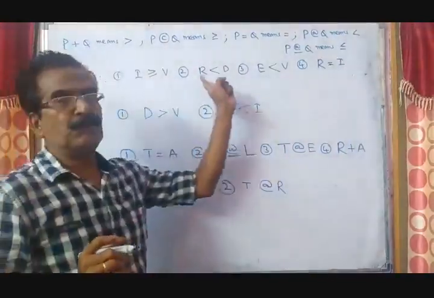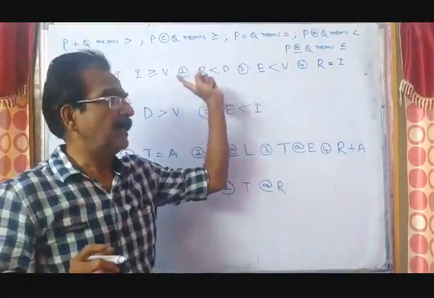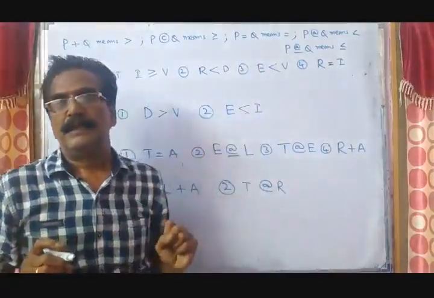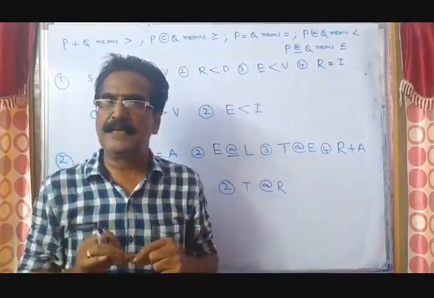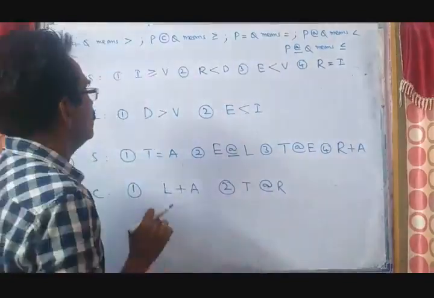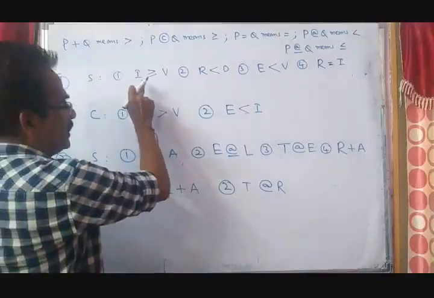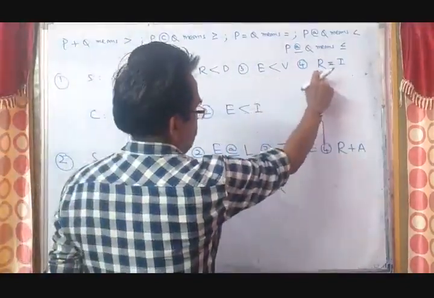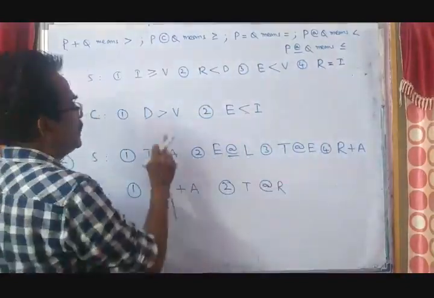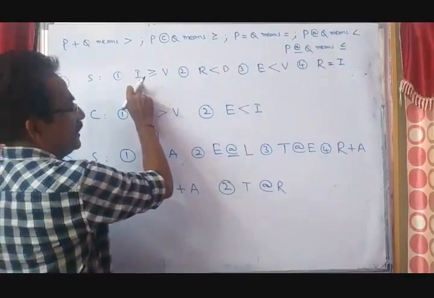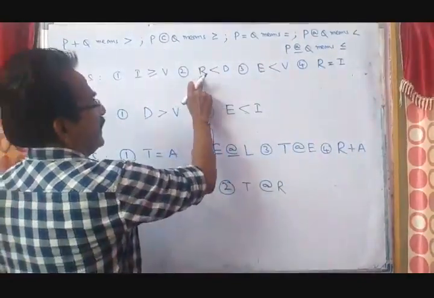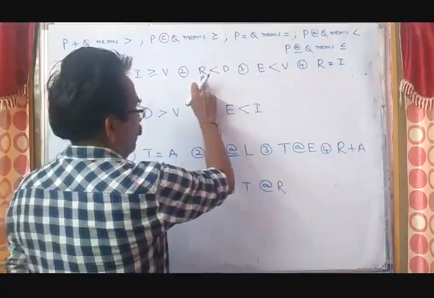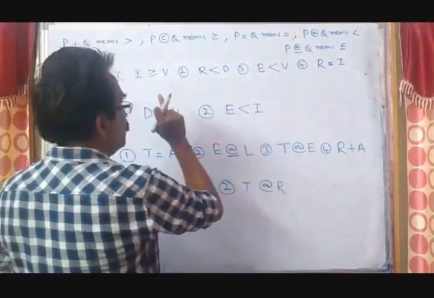Now we have to club these four statements into a single statement. If you notice here in these four statements, there are two I's, two R's, and two V's.